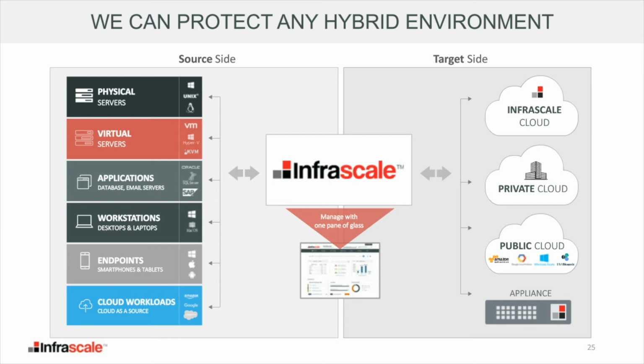And that's all managed through one pane of glass through our Infrascale dashboard. And then if we look at the right-hand side, the target side, you can utilize Infrascale Cloud, those 15 global data centers, your own private cloud, public cloud, or that prepackaged appliance that I mentioned as well.